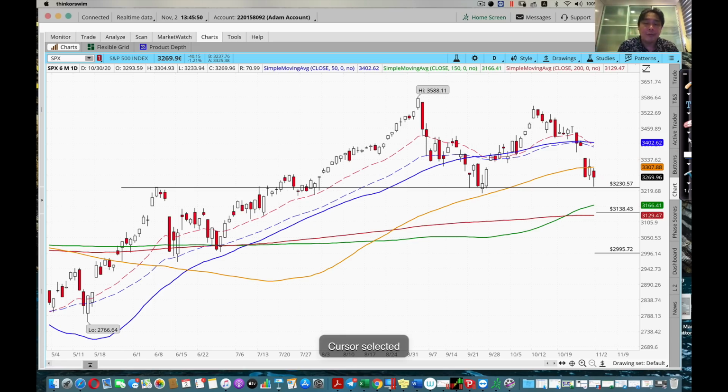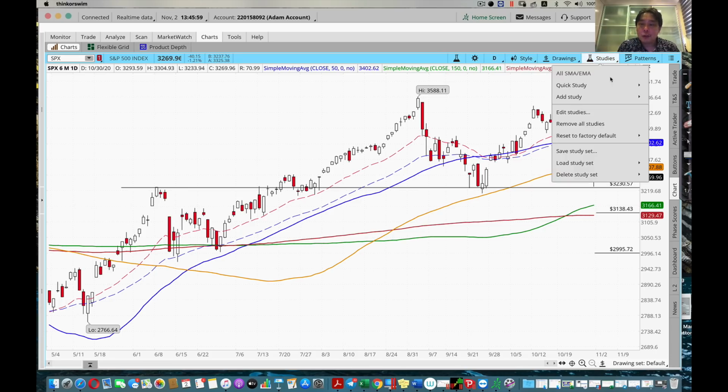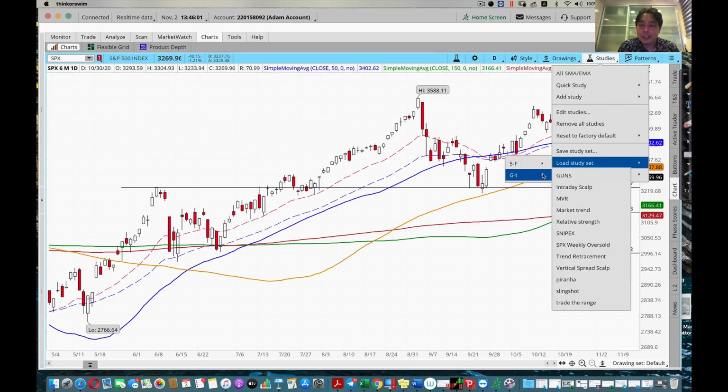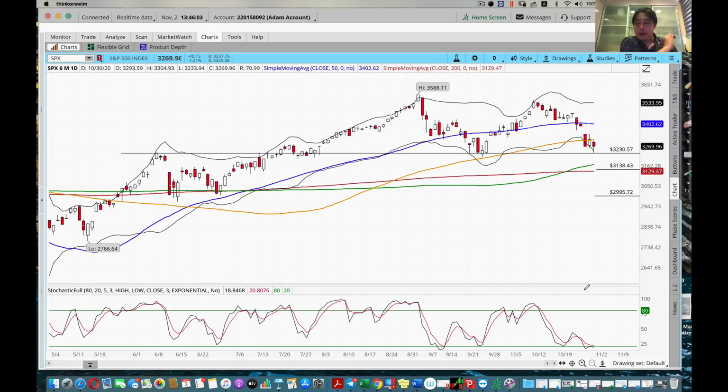And one way to tell if you're not that experienced is to look at indicators like Bollinger Bands and stochastics or Williams percentage R. So for example, if I throw in some of these indicators, you can see right now the price is at the lower Bollinger Band.